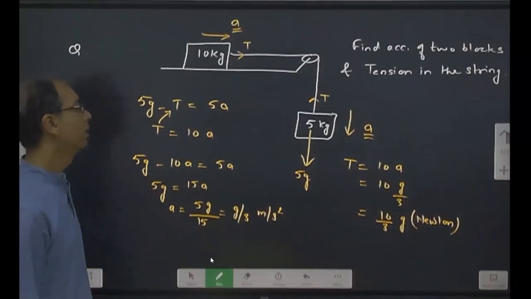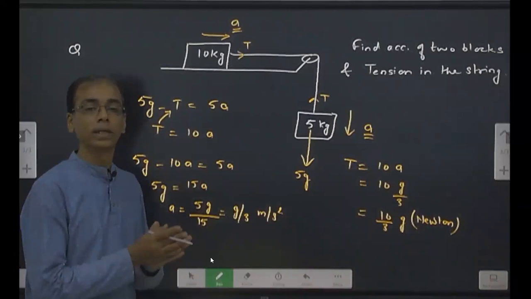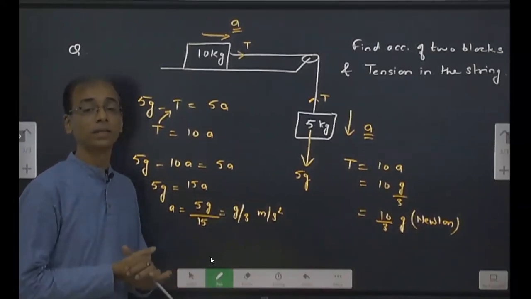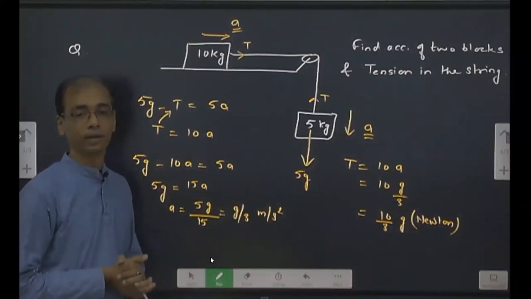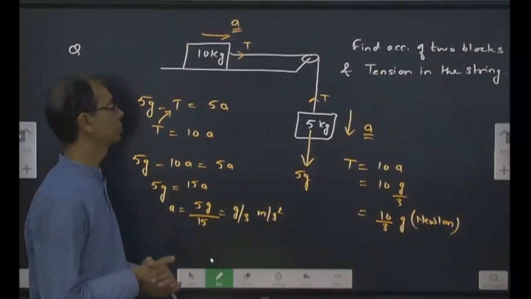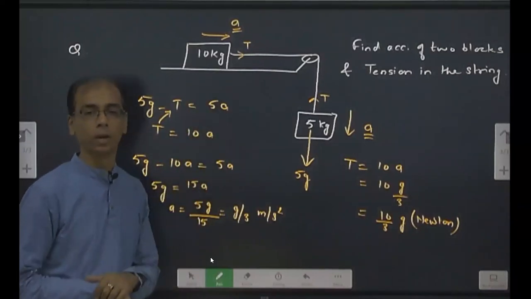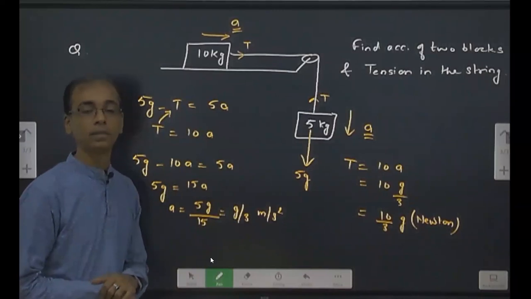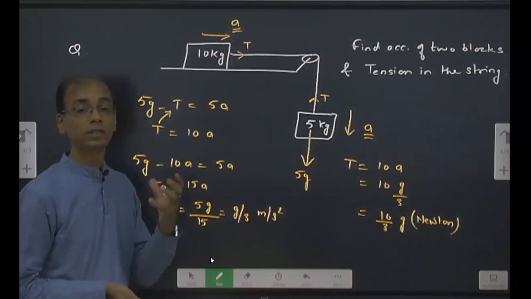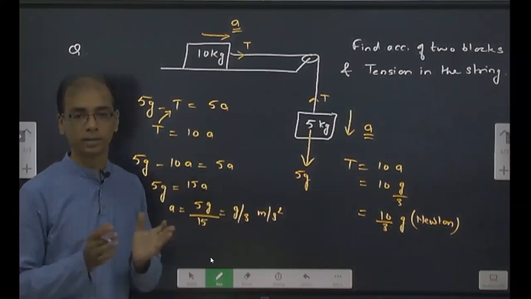Good. Even then, why is it possible that the lighter mass is able to pull the heavier 10 kg? The reason is because it's placed on the table. Its weight is not opposing us.